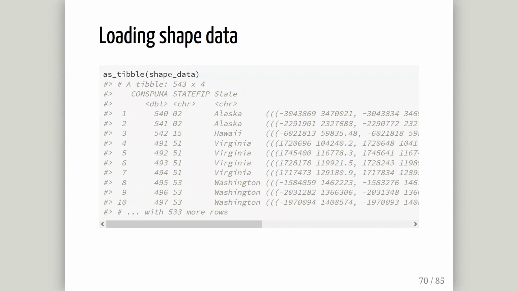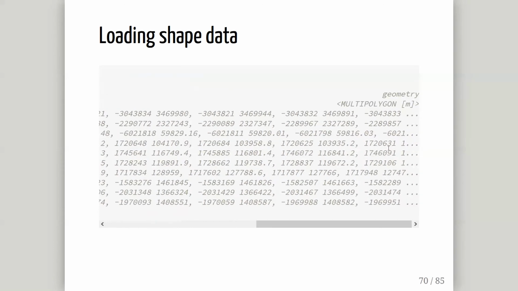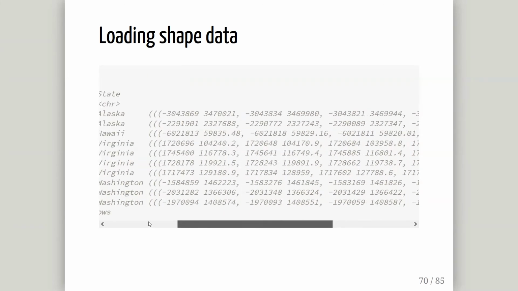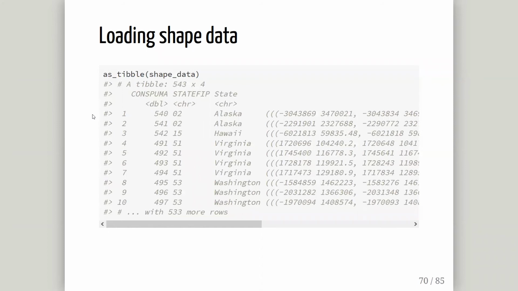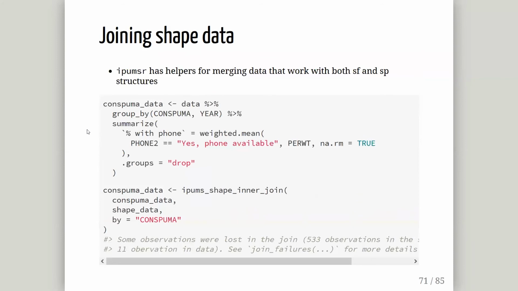So we read in the shape data. Basically, that's just a regular tabular data frame with a special geometry column. I feel like that makes it a little easier to understand what's going on when you merge the data to this shape data. It's just a table with a special shape column. ipumsr also provides helpers for merging these data.